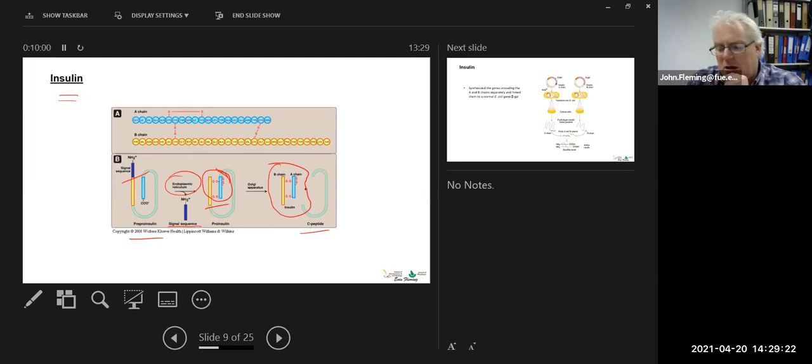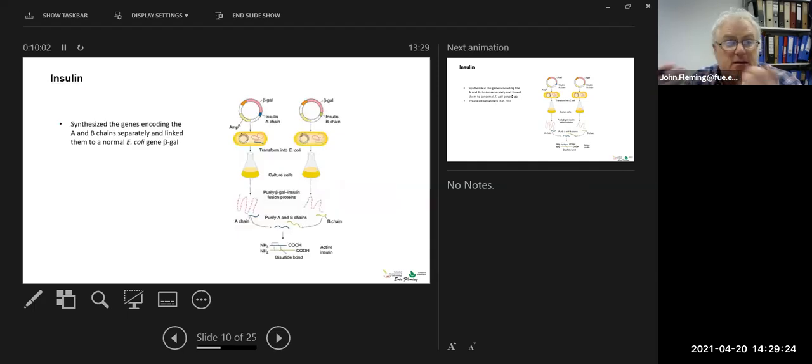Now, I suppose the key thing about the production of insulin by biopharma companies is they found that you can put the nucleic acid sequence that codes for the A chain into one plasmid, put it into bacteria, and get the bacteria to make the A chain. And independently, we can put the nucleic acid sequence that codes for the B chain into a second plasmid, put that plasmid into bacteria, and get them to produce the B chain.